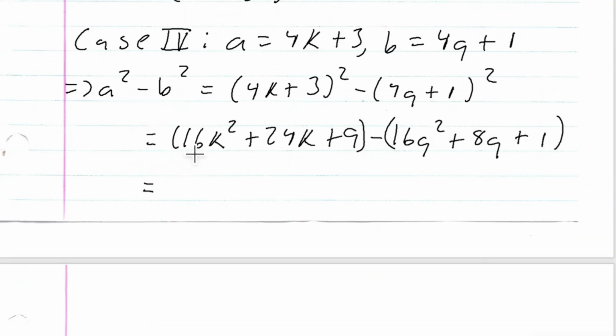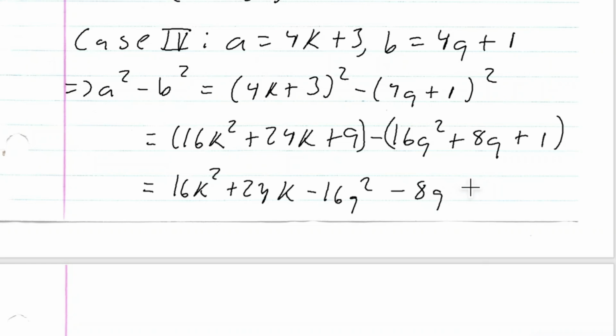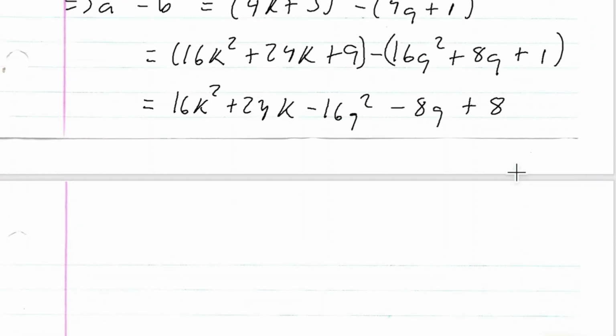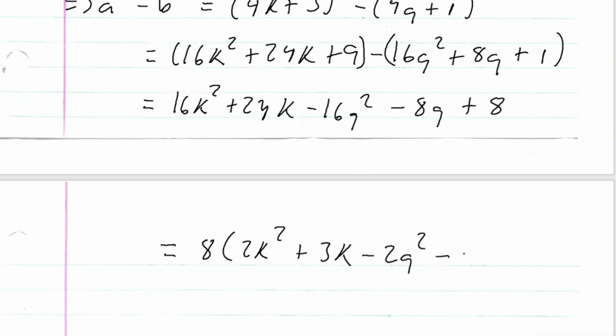And then this will be equal to 16k squared plus 24k. And then 9 minus 1, so that'll just be plus 8 at the end. So minus 16q squared minus 8q plus 8. And then, of course, I could factor out an 8 from this. So this will be 8 times (2k squared plus 3k minus 2q squared minus q plus 1).